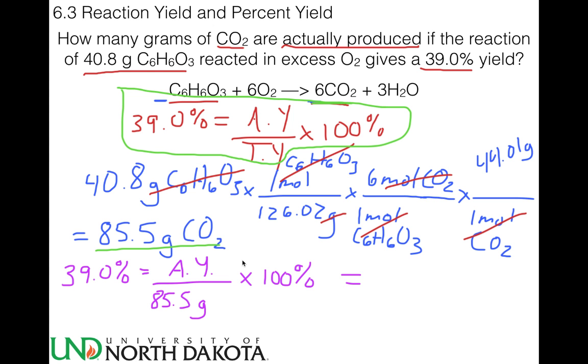So what we're doing to solve this is dividing 39% by 100% and then multiplying that quotient by 85.5 grams, and that gives us our actual yield of 33.3 grams of carbon dioxide. So that is how many grams of carbon dioxide are actually produced in this problem.